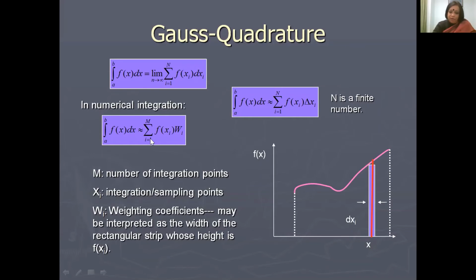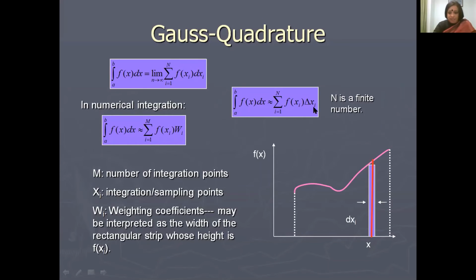There are M number of points, and at each of these M points, I'm sampling the value of the function at these xi points. So I will call xi the integration or the sampling points. At every xi, I will sample the value of the function, and then multiply it by a weight function, which is also variable, varying from point to point.